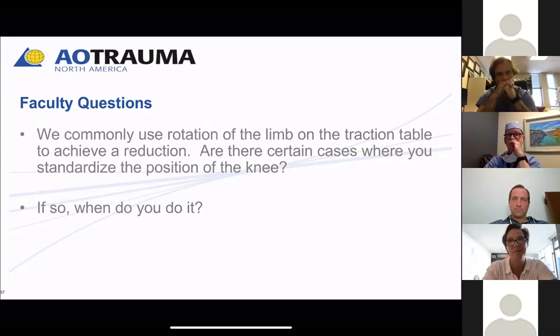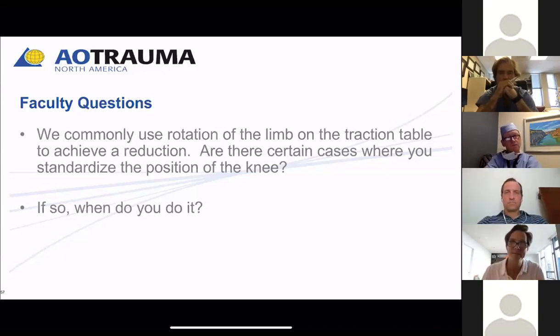And that's why I will frequently augment my closed reduction maneuvers with wires or something like that. So maybe I internally rotate. I have trouble interpreting the radiographic views, but I feel like the reduction's better. Put in wires to hold it and then normalize the position of the knee so that I'm relatively patella up and I can interpret the lateral. Yeah. So at that point, and then if it's off, I redo.